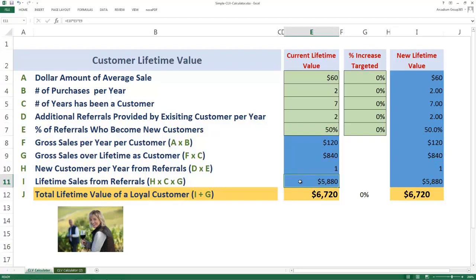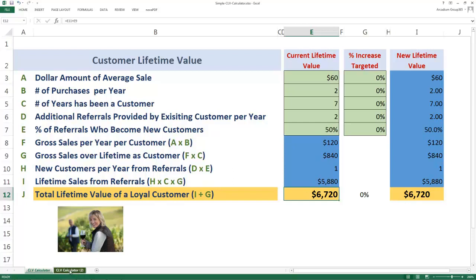Because they're getting 1 new customer a year based on that word of mouth advertising that's coming from that initial customer. So now the lifetime value of that first customer plus the referrals that they make, that word of mouth advocacy they're giving for your winery, that $60 first sale is actually worth over $6,720. So if you start thinking about it in terms of the amount of sales you can make, it's quite a multiplier effect, right?